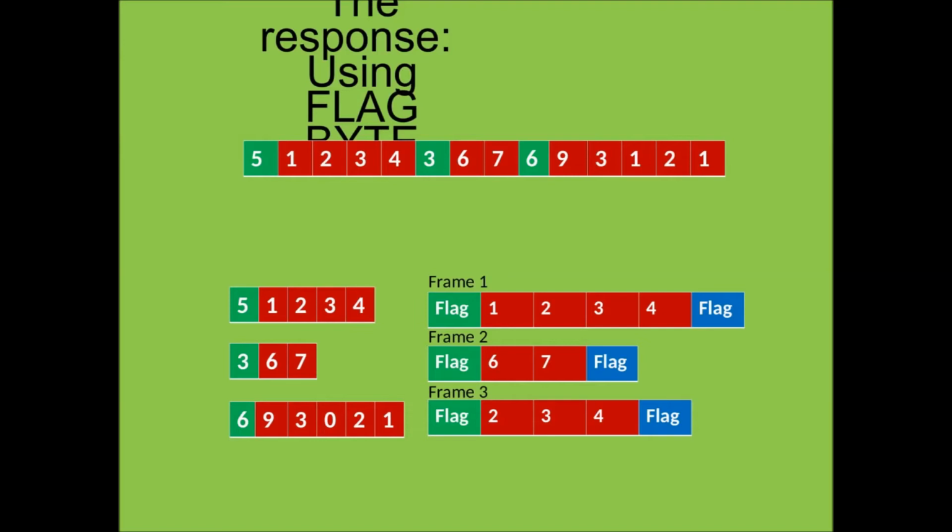Frame number 2 contains a flag at the start as well as the end, and frame number 3 also contains a flag at the start of transmission and at the end of transmission. So a flag is a commonly used mechanism to indicate the start and stop of data so that data will be transmitted in an efficient manner.